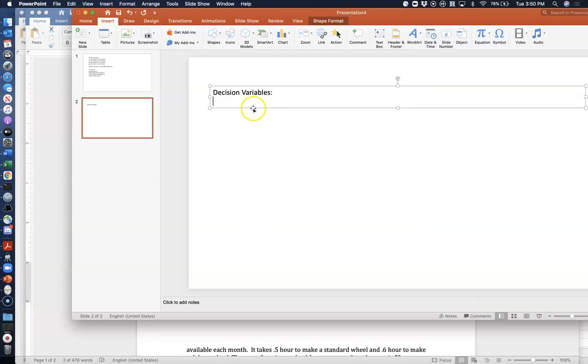So I'm just going to call them Speedhawk, Silverbird, Catman, and Classy. So Speedhawk is the number of Speedhawk boats purchased, right?